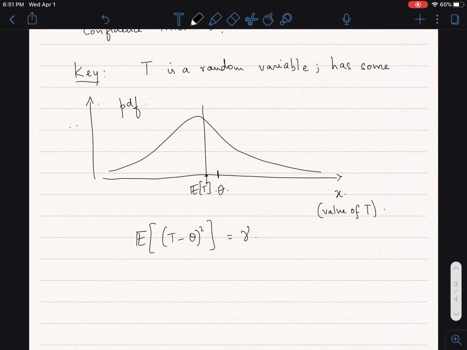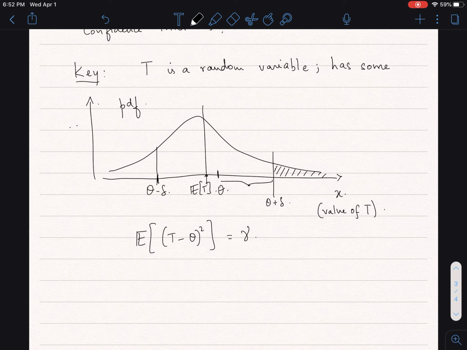What I would like to claim it means is that suppose I look at the probability that t takes values more than theta plus delta, or less than theta minus delta.